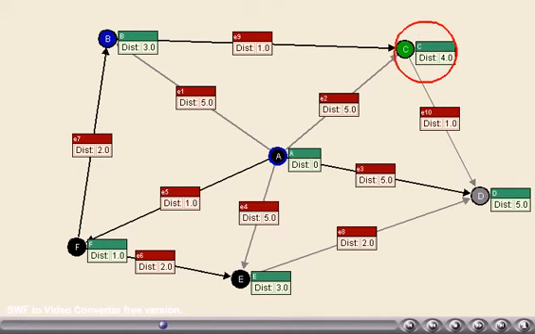Thus, the distance of C is updated as 4. However, if we verify, B doesn't have any more edges. If it contained any more vertices which are unprocessed or in ready state, their weights also would have to be adjusted.